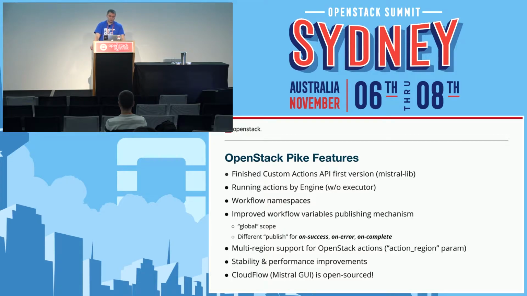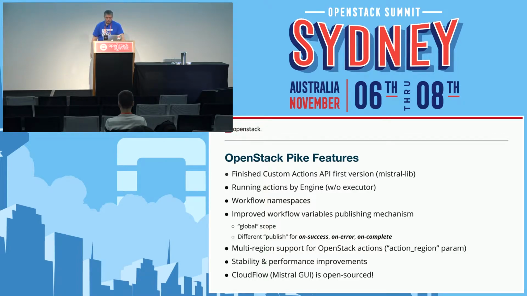That work has been going on for about a year probably, and finally we completed our first version, I would call it. There is still some work going on related to that, but most of the things are established right now. And we refactored the Mistral source code itself to use that library, which we called Mistral lib.